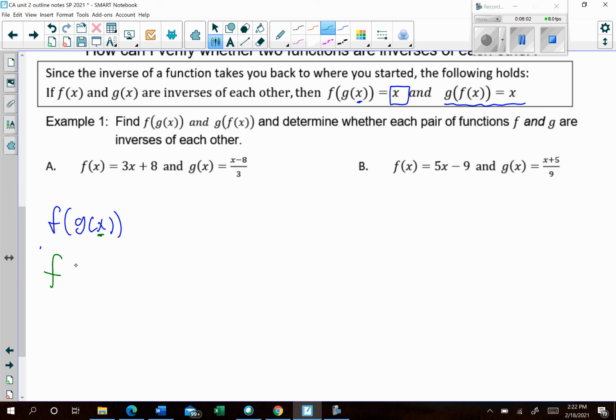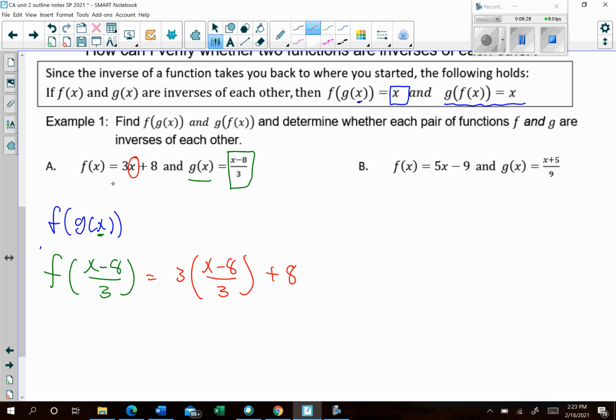And so g of x, I'm going to substitute that for this. g of x is equivalent to x minus 8 over 3. Now I'm going to stuff that into the f function right here. So this will become 3 times x minus 8 over 3, and then a plus 8 off to the side.